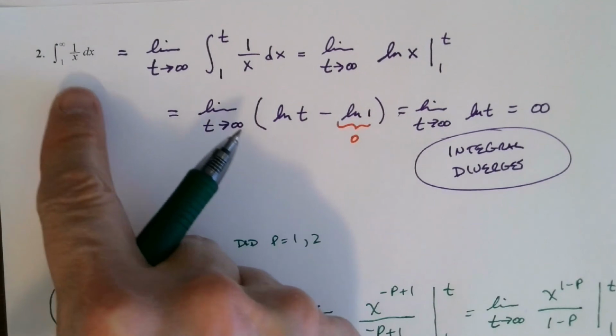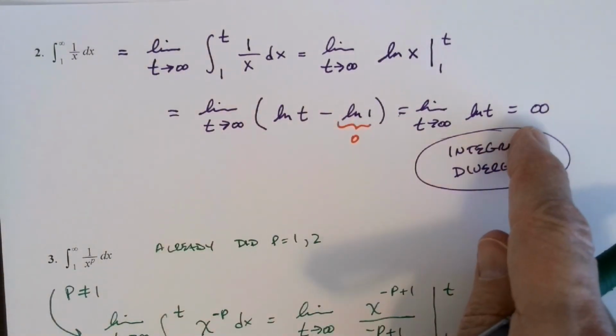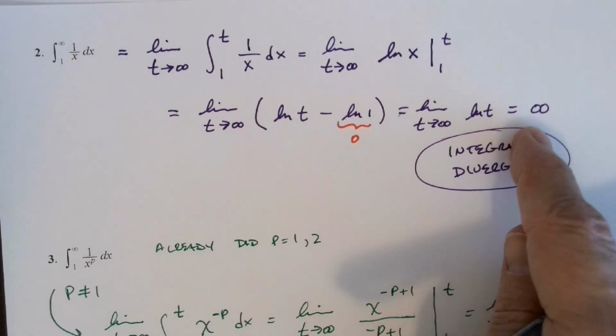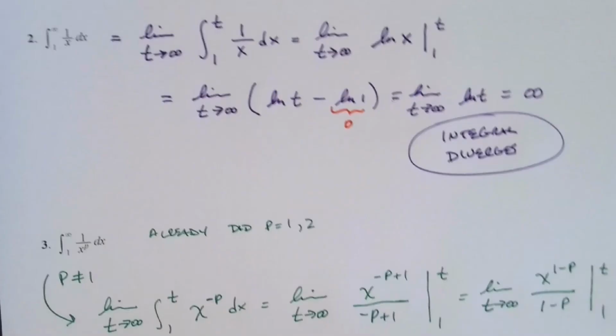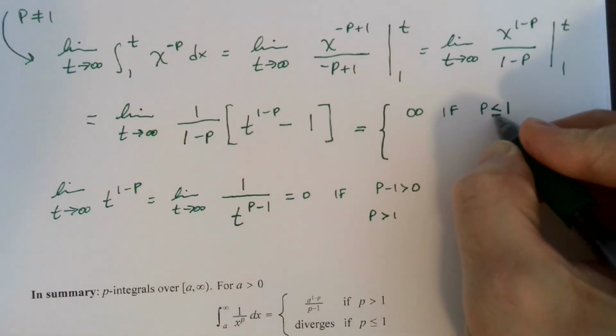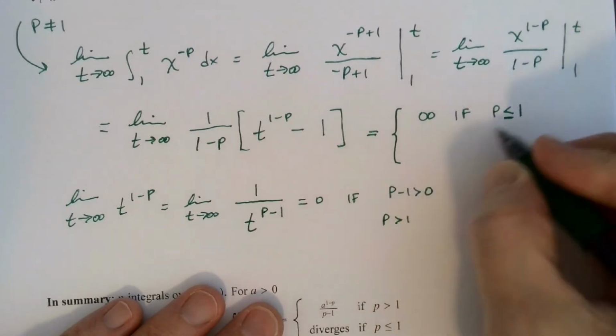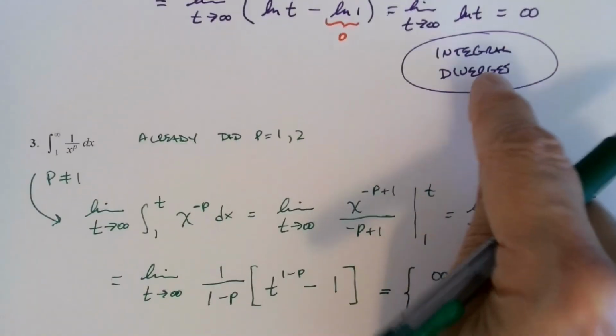What happens when p equals 1? We've already figured that out. It's infinity. Sorry for my ignorance here, but when p is equal to 1, we've already covered that. So this is true if p is less than or equal to 1. Sorry, I forgot that we said p is not 1. But we know it's infinity if it's equal to 1 because we did it up here.